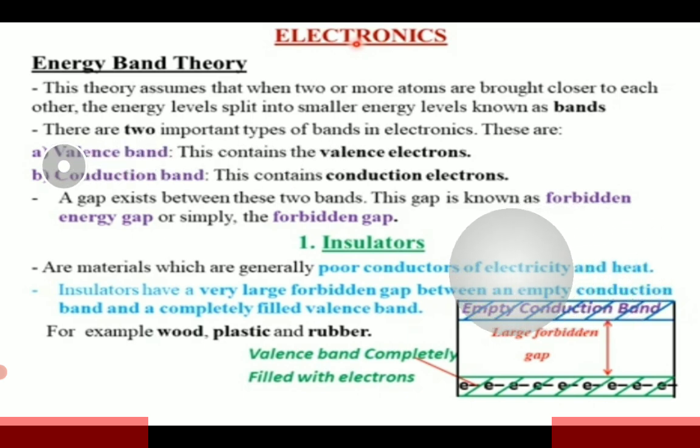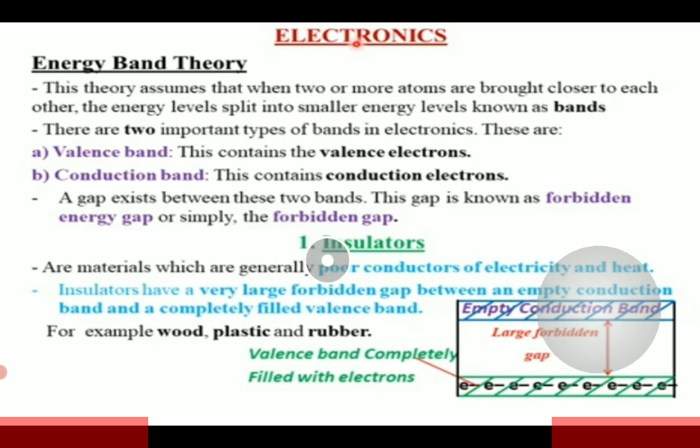Where valence electrons are found is called valence band, and where conduction electrons are found is called conduction band. Between the two, there's a gap which is called forbidden gap. Forbidden means not allowed, so electrons are not allowed to be found there.